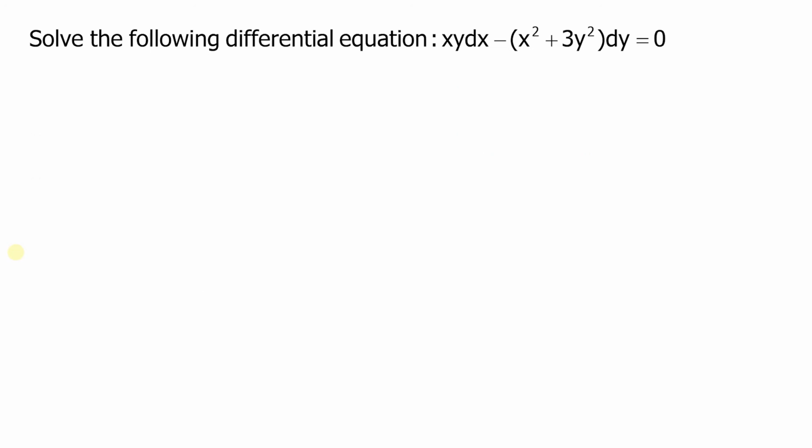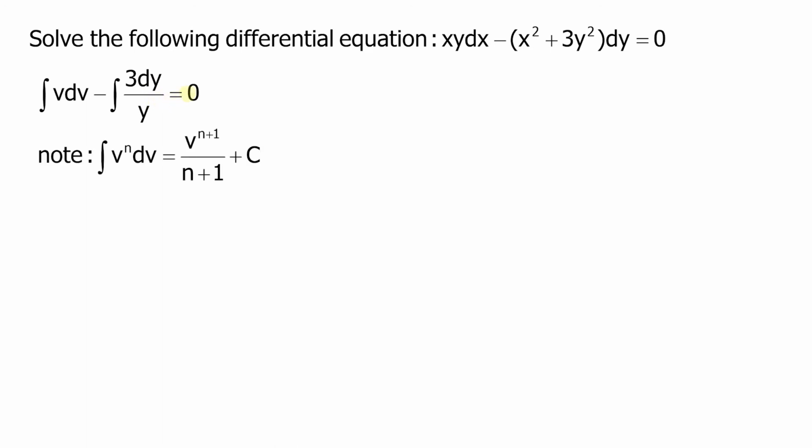Okay? So, you have integral of v dv minus integral of 3 dy over y equal to 0. Take note, class, the first part is just the power rule, the power formula. And the integral of 3 dy over y is just ln of y. Basic integration.